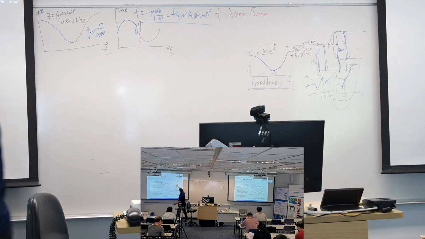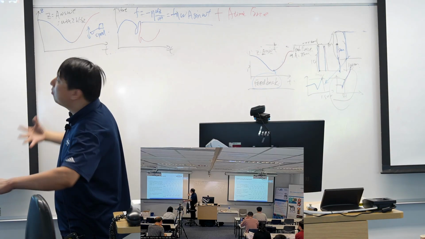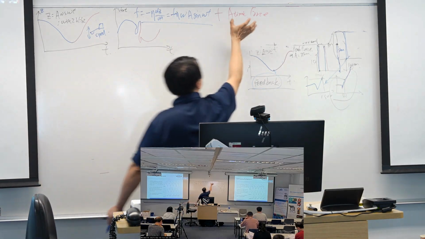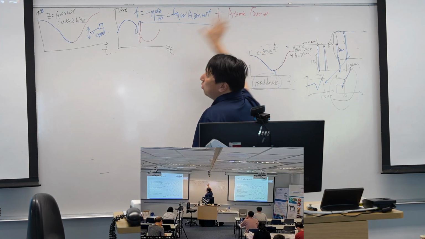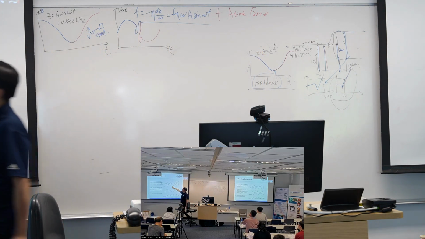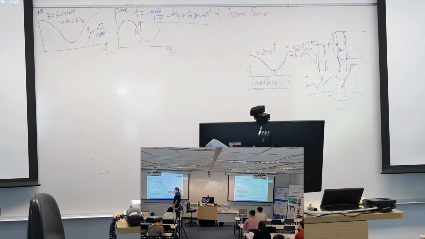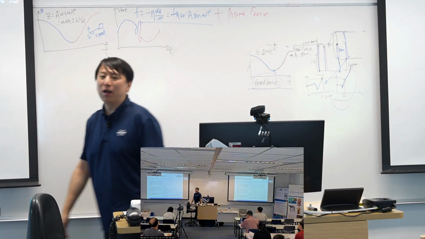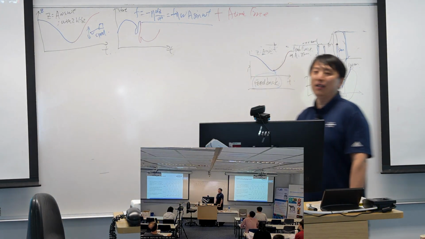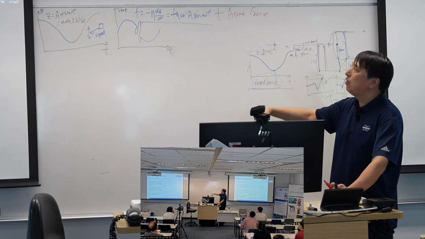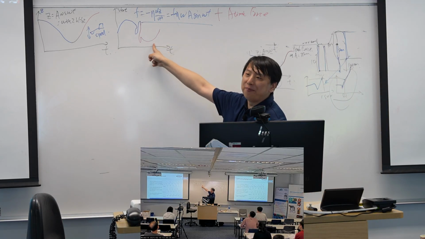We may observe this kind of thing, but our point is we only want to observe the atomic force. We don't want the hydrodynamic force to be the dominant one. So the idea is we want to get rid of the hydrodynamic force.